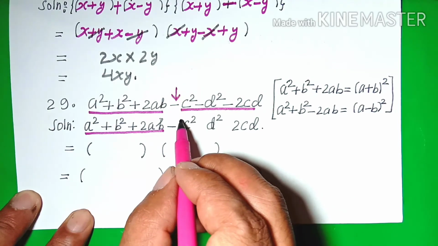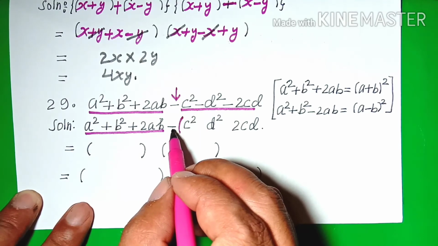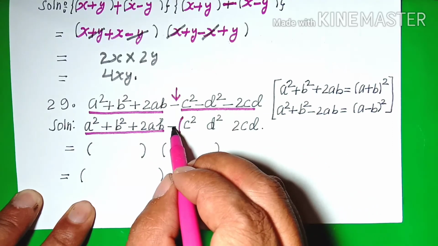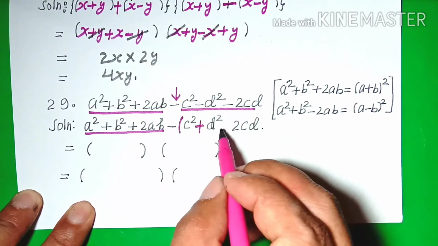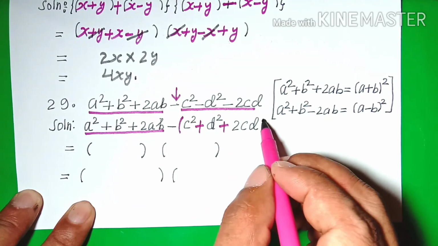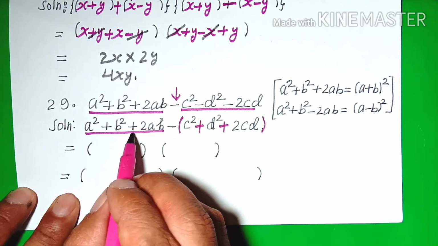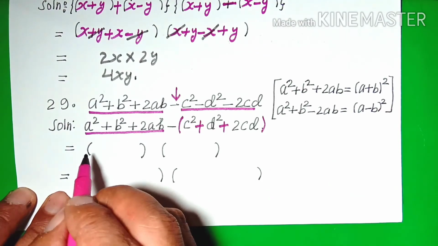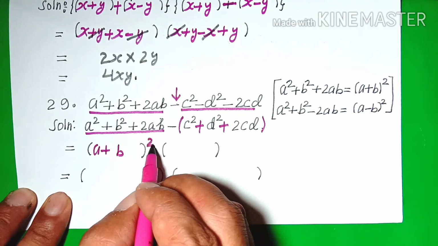Taking the sign common, we can take a bracket. Now minus, since I've taken the minus sign common, you'll have to multiply with the minus sign. Minus into minus will become plus c square, again minus into minus will be plus d square, again minus into minus will be plus 2cd. We can close. So like I said before, a square plus b square plus 2ab equals a plus b the whole square. So we take a plus b the whole square.